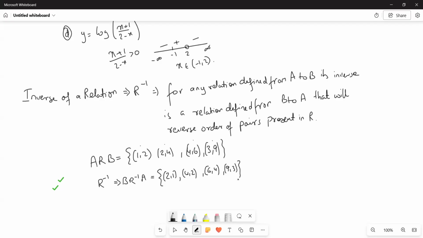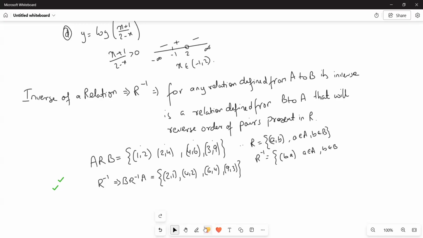ठीक है, तो R में क्या होता है? A is the first element, B is the second element. If R has pairs like (a,b), where a belongs to set A, b belongs to set B, then R inverse will have the same pairs in the form of (b,a), where b belongs to B and a belongs to A. खाली जो ऑर्डर है वो रिवर्स हो जाएगा.